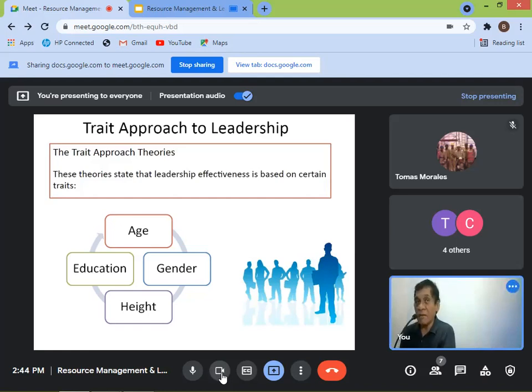Okay. About gender, some organizations are hiring female only. Why? Maybe because of religious reasons, like in the Muslim areas in Saudi Arabia, for example.